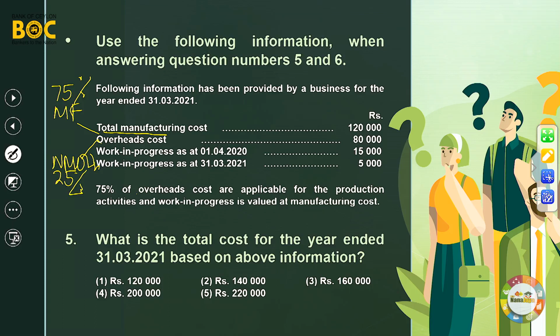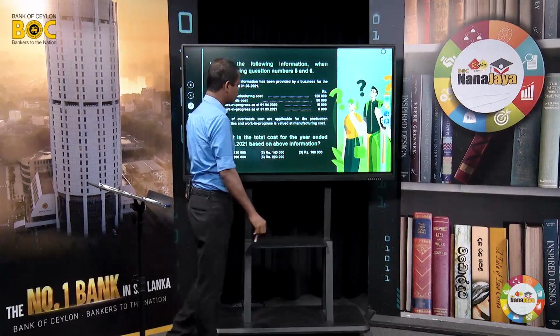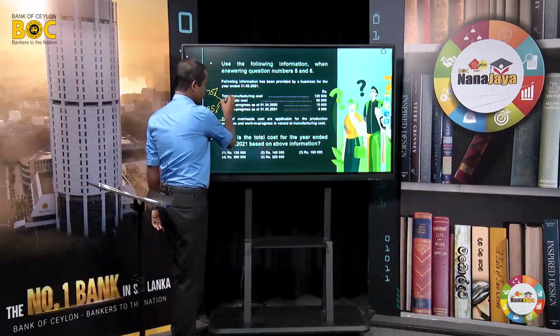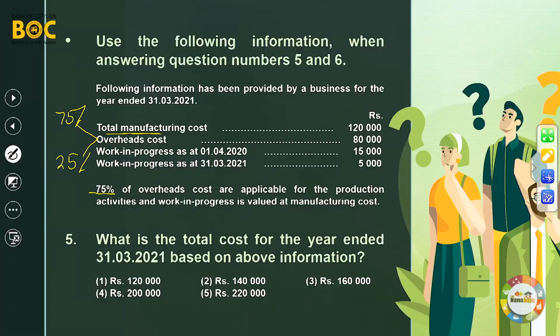Of the total product overheads given, 75% is manufacturing and the balance 25% is non-manufacturing. Remember, total manufacturing cost includes prime cost as well as manufacturing or factory overhead.